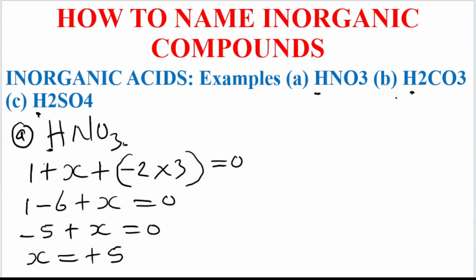We will not start from the front to the back again. We'll start from the back, then we go to the middle. From the back, we have tri, because of 3. Trioxo nitrate.